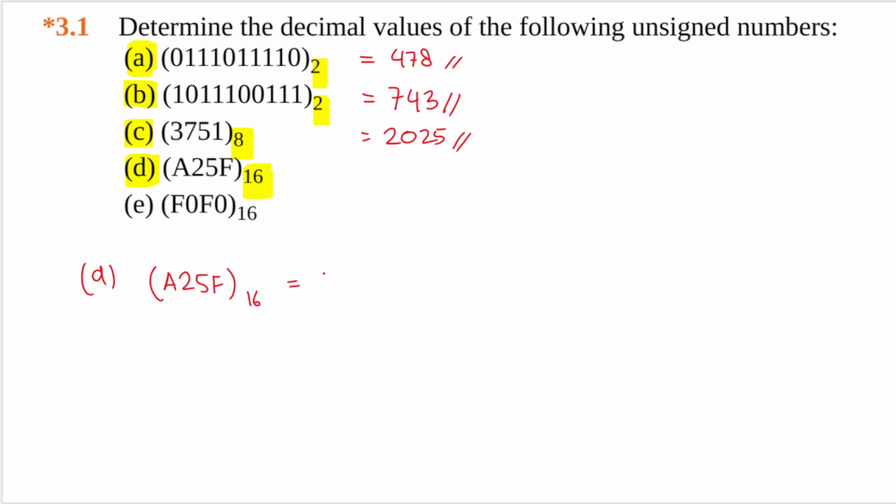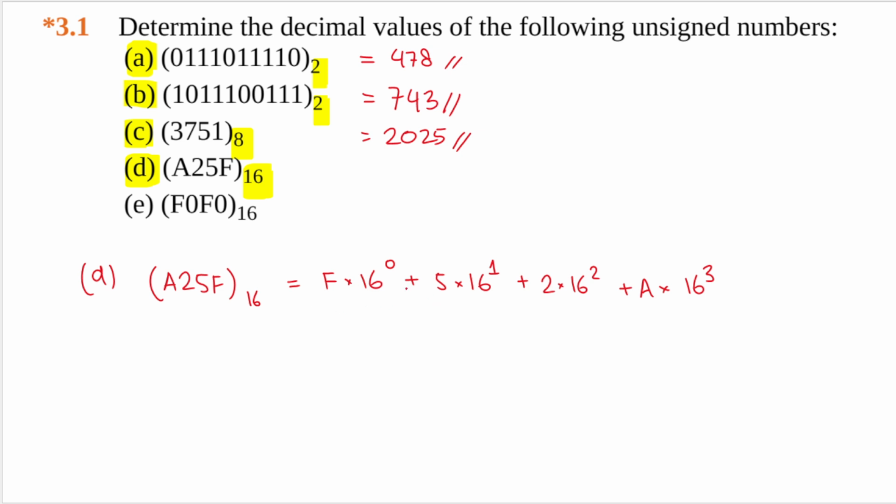So we will have F multiplied by 16 to the 0, and then plus 5 multiplied by 16 to the 1, and then we will have 2 multiplied by 16 squared, and then A multiplied by 16 to the 3.